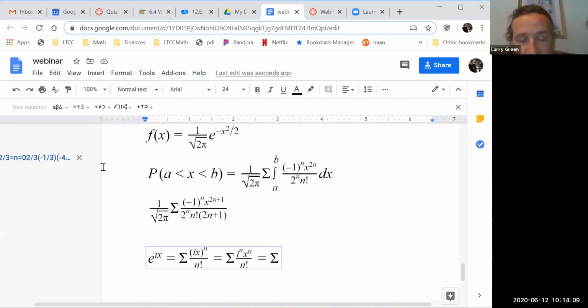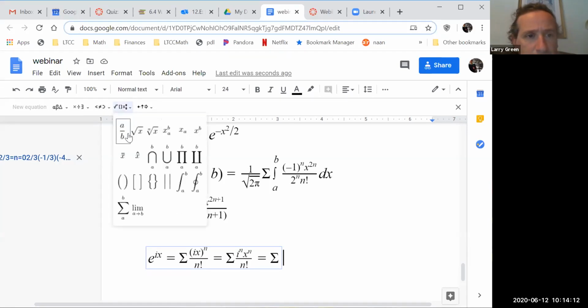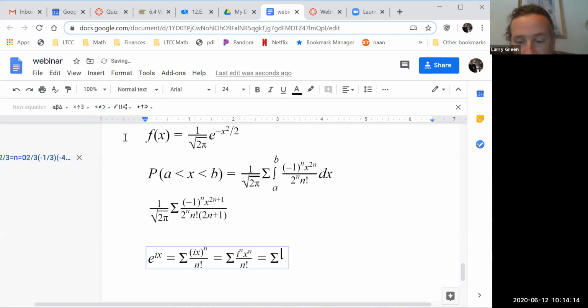So this is equal to the summation of -1 to the n over, sorry, not n factorial anymore. Now we're going to have 2n factorial because we're only going to do the even ones, x to the 2n.